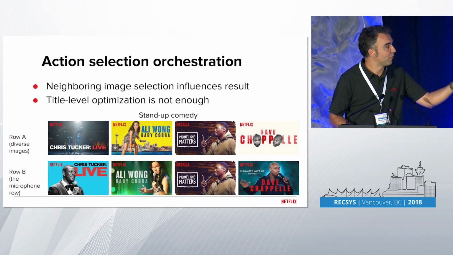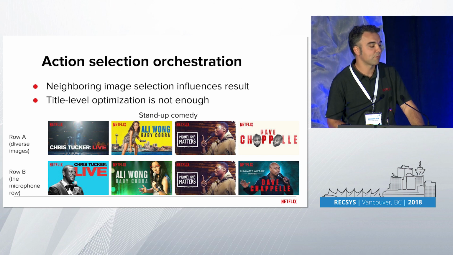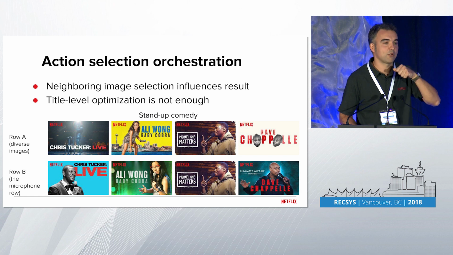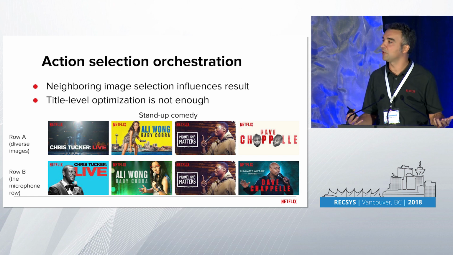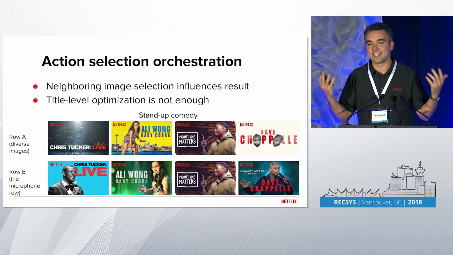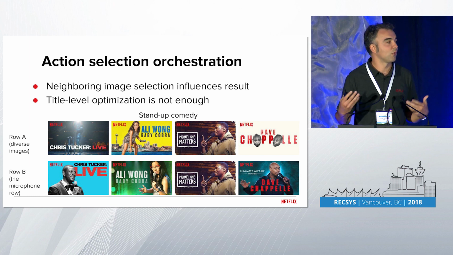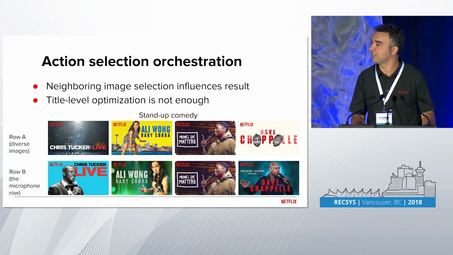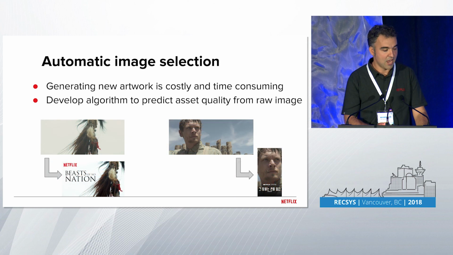We have a classical example here for stand-up comedy. The bottom row is very uniform. Everybody with the microphone, it's very clear it's stand-up comedy. And the top row is more artsy, I would say, or diverse. Which is better to do probably depends on the user. So you'd like to understand these interactions.